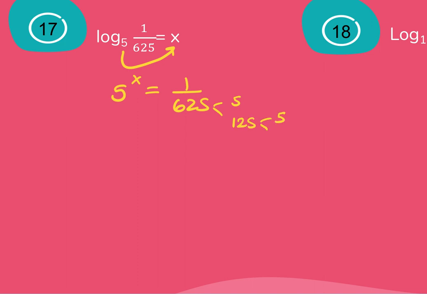And then 5 goes in there, 25. And then 5 goes in there 5 times. So that is 1, 2, 3, 4 5s. So this is the same as saying 5 to the -4th. So x equals -4.